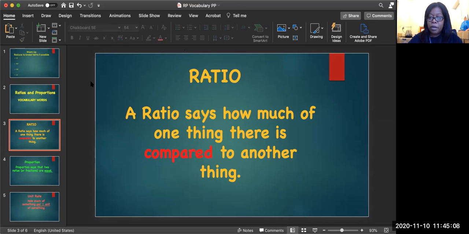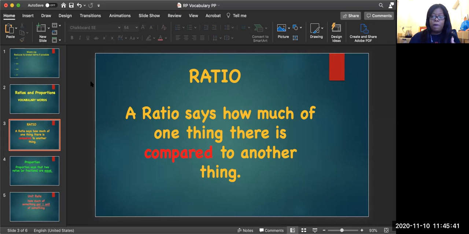A lot of times in a school setting, we compare how many girls we have to how many boys. We may compare how many apples to how many oranges. If you have something like a bag of marbles, you may compare the colors, or a bag of Skittles, you may compare the colors. So you have 8 red Skittles compared to 6 green Skittles compared to 4 yellow Skittles compared to 5 orange Skittles, or something like that.